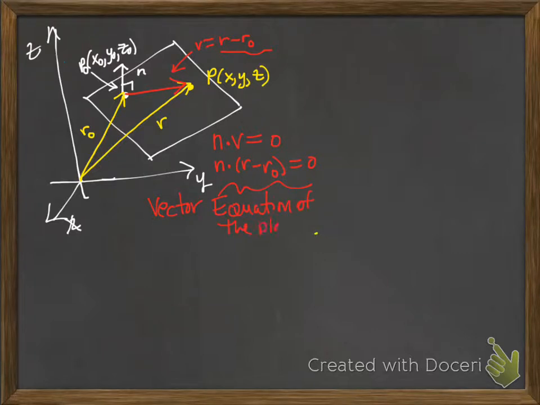Now, that's usually not the form that we use when talking about a plane. So we're going to take what we know about r and r naught and n, and we're going to rewrite it into equations that we will use more often. So let's move to a new board. So first, remember, n is our vector that's perpendicular to my plane, which we actually were going to call a normal vector.